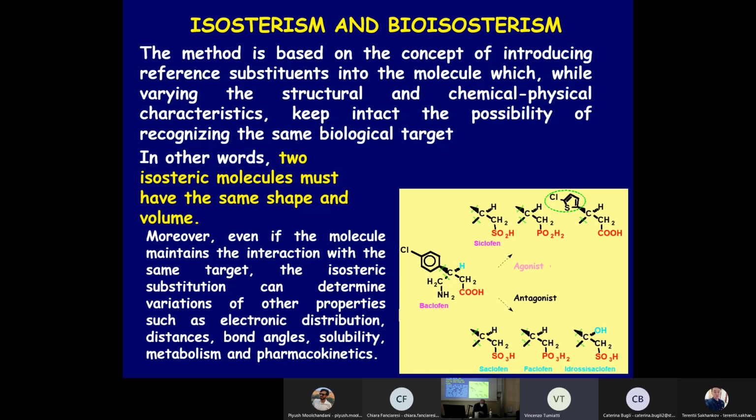There is a particular strategy called isosterism and bioisosterism. Here you can see the definition. Two isosteric molecules must have the same shape and the same external volume.